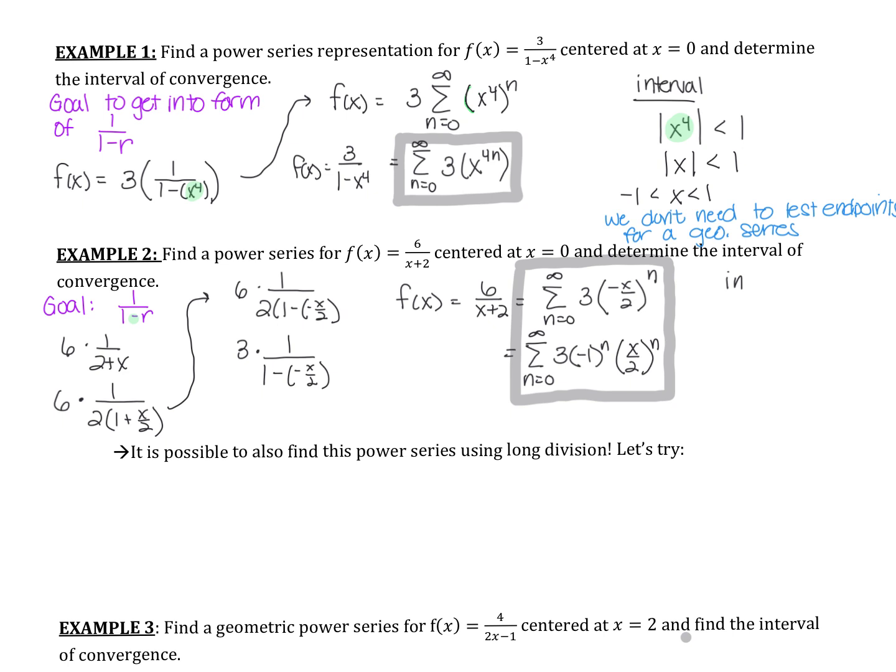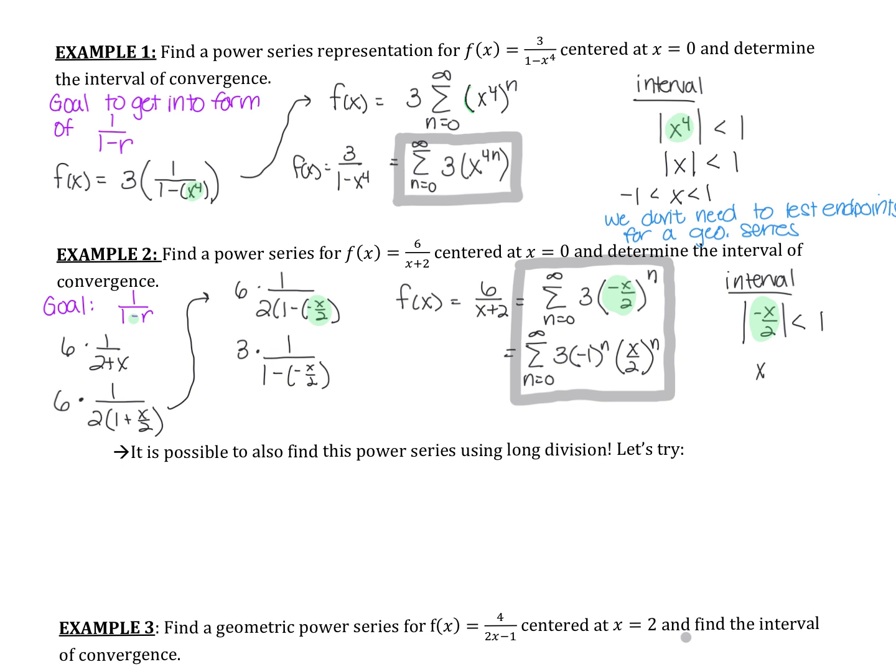Well, if we talk about our interval, we know it has to be the absolute value of r, which we said was negative x over 2. So we have that value here, and I know that this value needs to be less than 1. Okay, well, it's absolute value, and so I'm going to get rid of the negative by taking the absolute value.